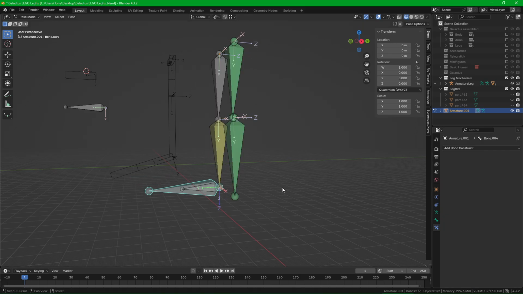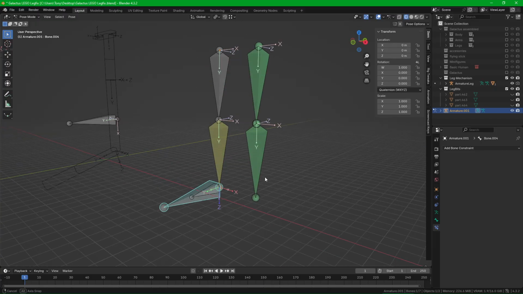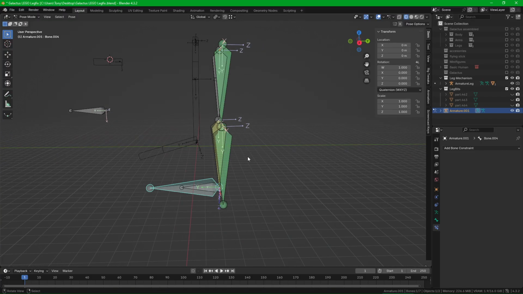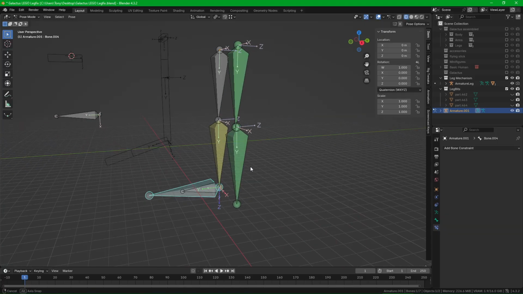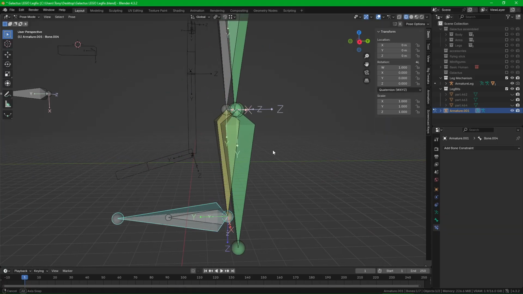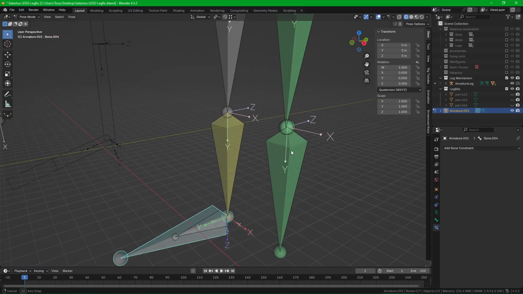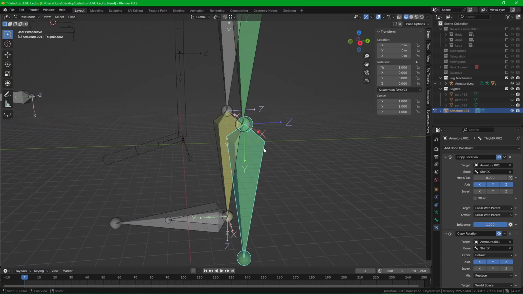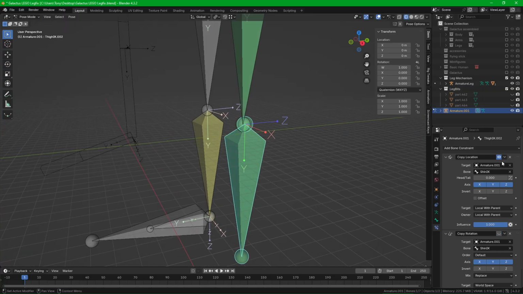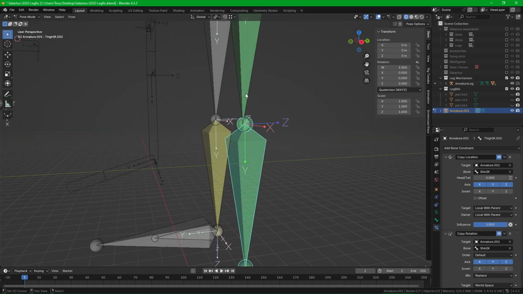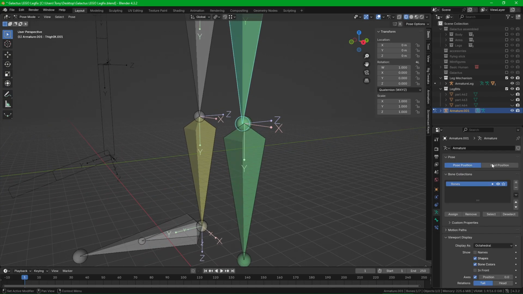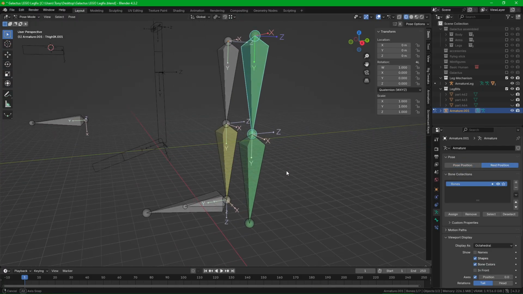There you go. Local with parent. So now you can see they started off perfectly straight, but now they're copying. The knees are a bit mismatched there. But yeah, if you set back to pose mode, it would go back.